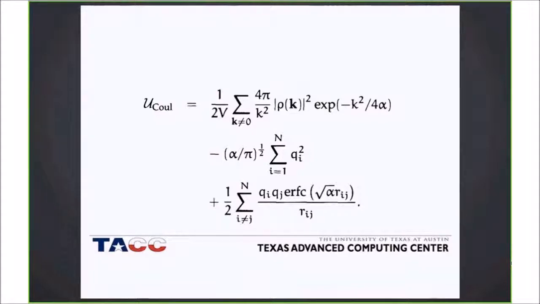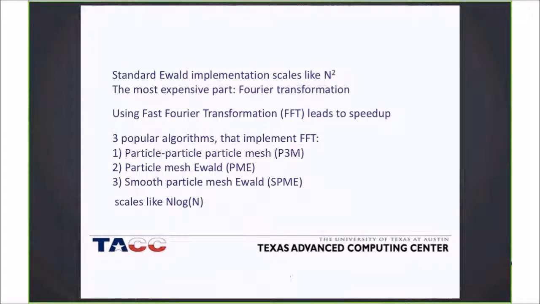Then the Coulomb energies can be calculated with this equation. The first term is the Fourier space summation. The second term is the self-energy correction. The last term is the calculation done in real space. Standard Ewald implementation scales like N^2.